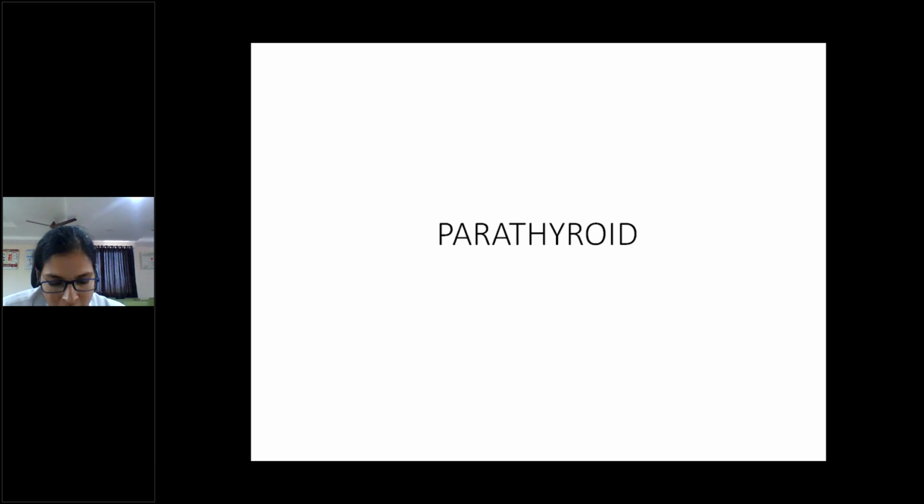So here in MEN1, the patient may present with a pancreatic endocrine neoplasm, adenoma, but the most common is hyperparathyroidism. If a patient presents with a pancreatic neuroendocrine tumor, I have to rule out hyperparathyroidism.